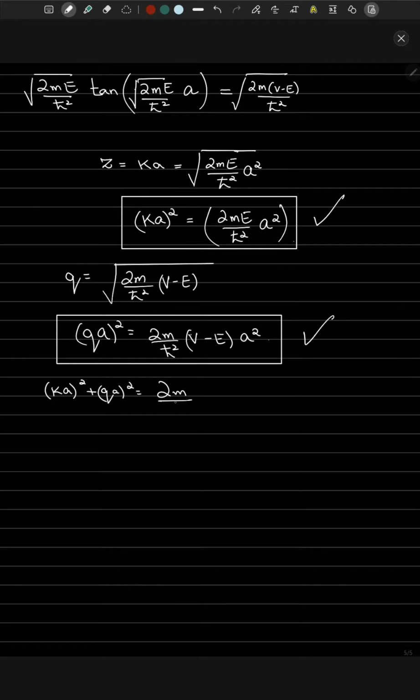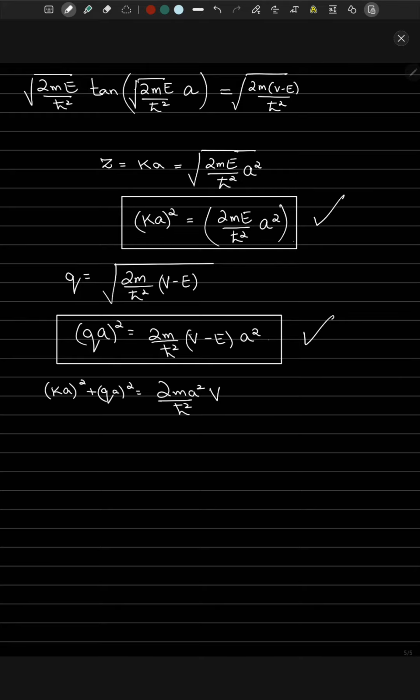And when you add these two, E minus E would become 0, and you'd be left with plus V. So you'd have V over here, right?